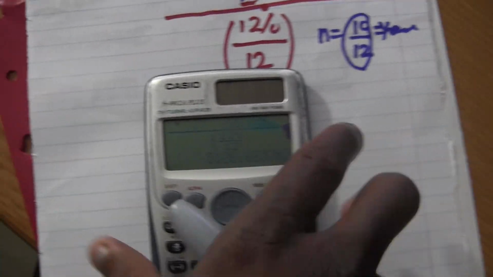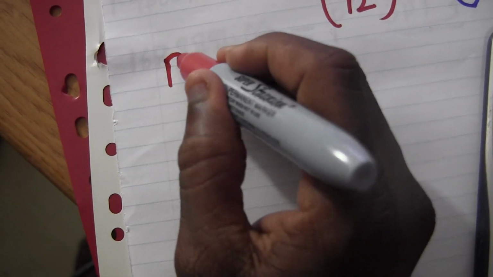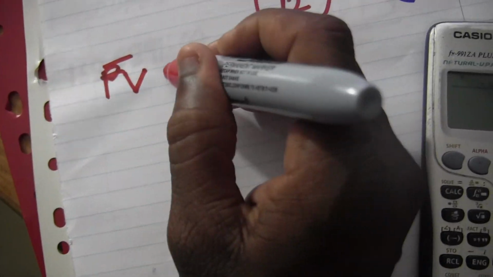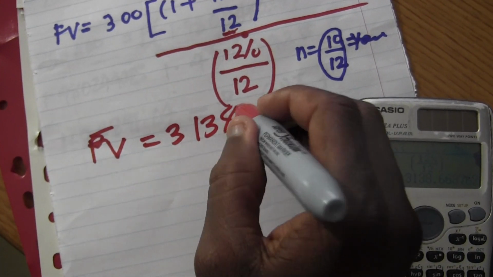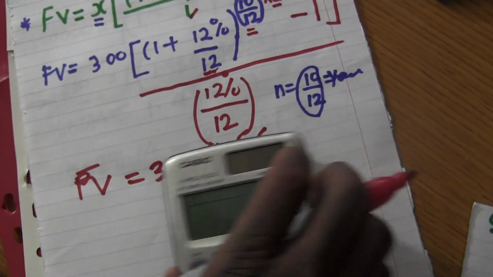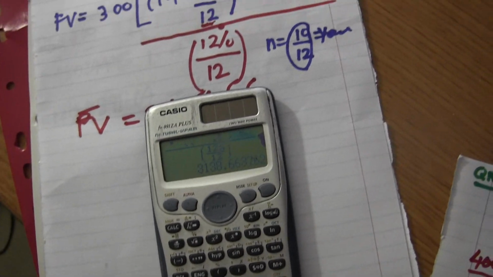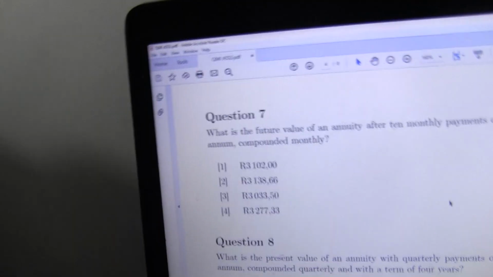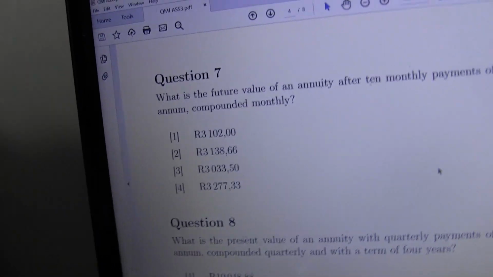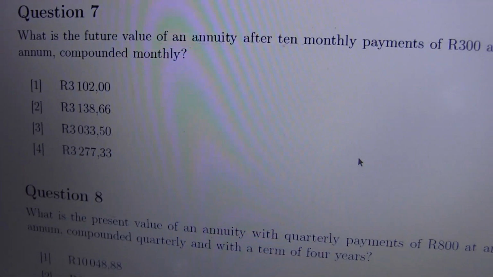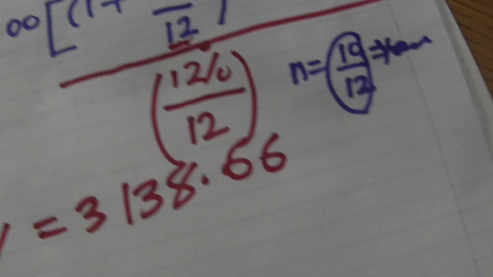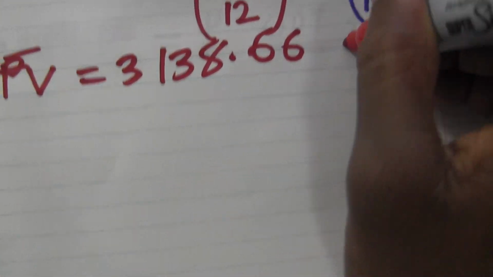So our future value equals 3138.66 to 2 decimal places. Now we came here, we got our option 3138.66, that's option 2. So question 7 is option 2.